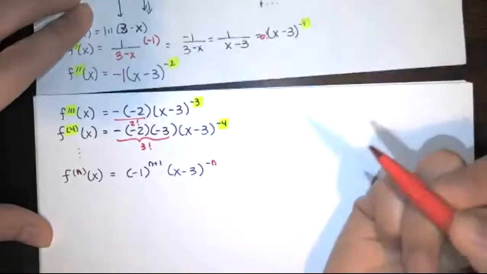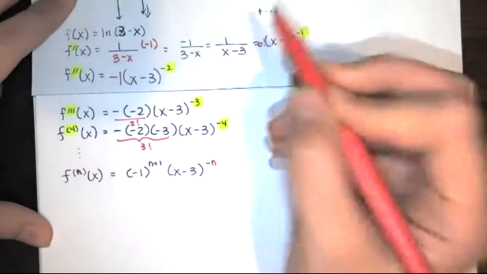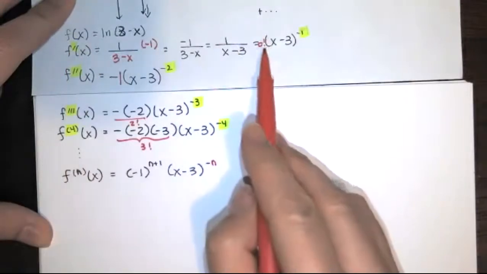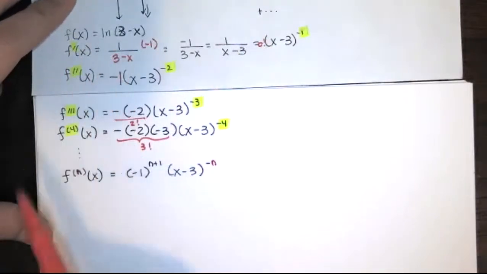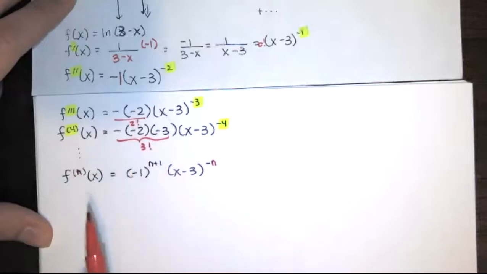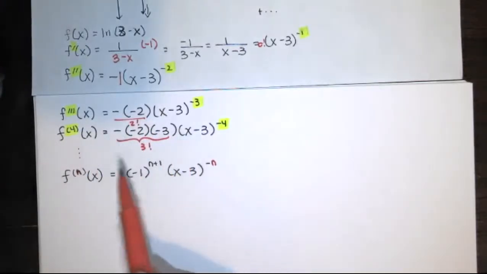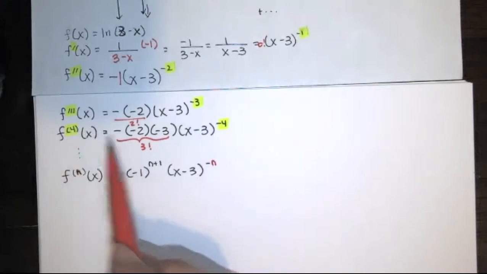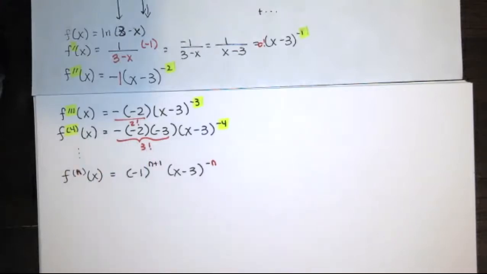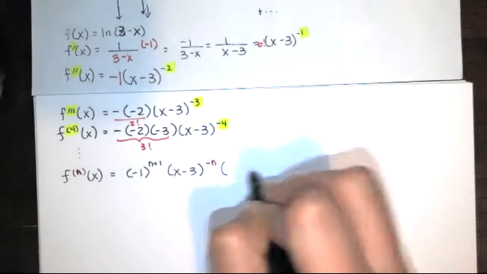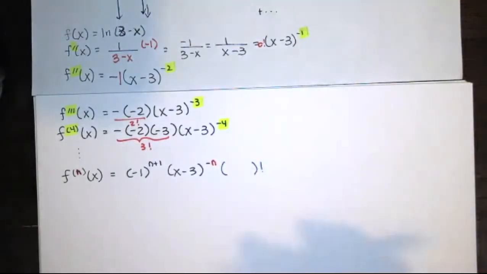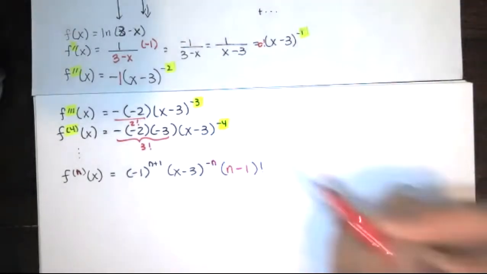Well, you can think of that as a 0 factorial. So when n is equal to 1, we have a 0 factorial. When n is equal to 2, we have a 1 factorial. When n is equal to 3, we've got a 2 factorial. When n is equal to 4, we've got a 3 factorial. So we have a factorial, but if this is n, this is 1 less than n. So we'll have n minus 1 factorial there.